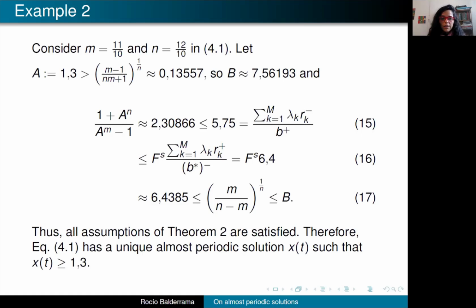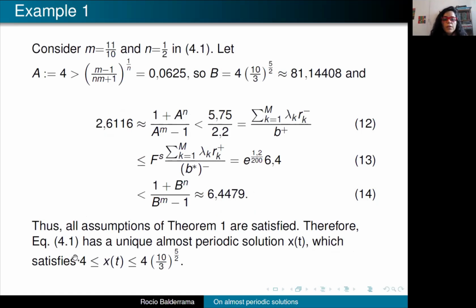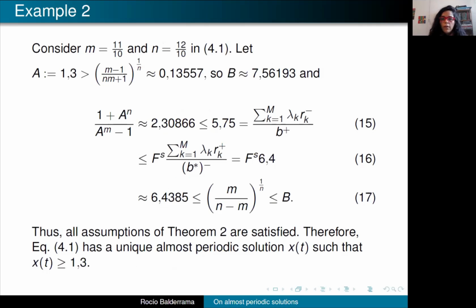Because if we can prove the global stability, we can deduce from that this solution is the unique solution. For example, I can see the unique solution between these two numbers, but if I can show that this solution is global, an attractor, you can show that actually it's the only solution in all the almost periodic space.